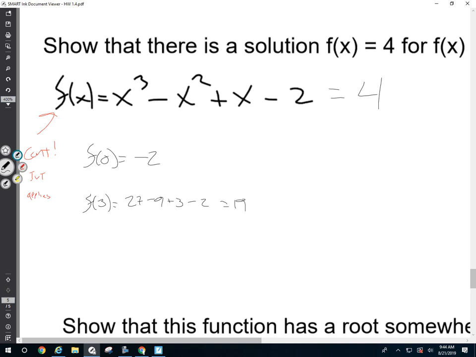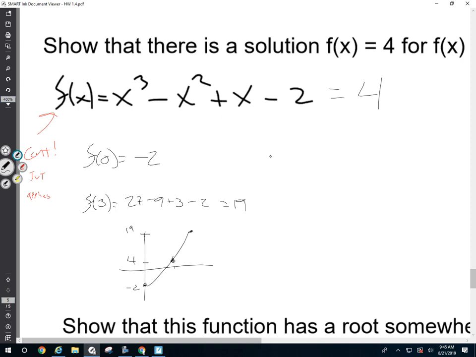That means on this function, I have 2 points, (0, -2) and (3, 19), and this is not going to be to scale. I have to connect these 2 points somewhere. I must pass through y equals 4 at some location.